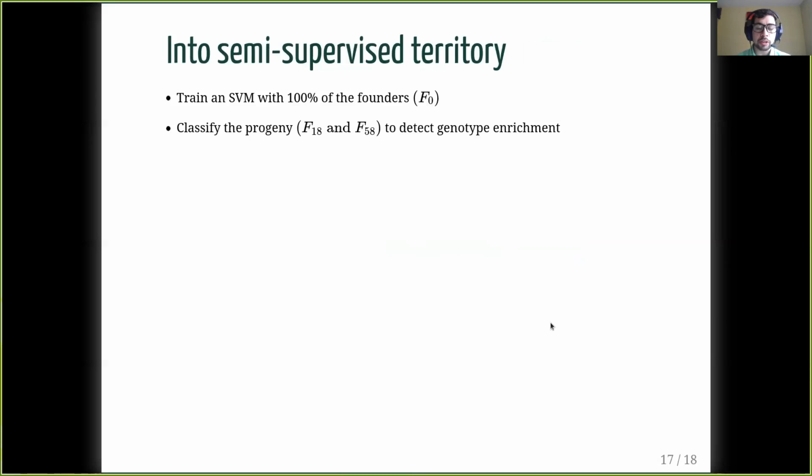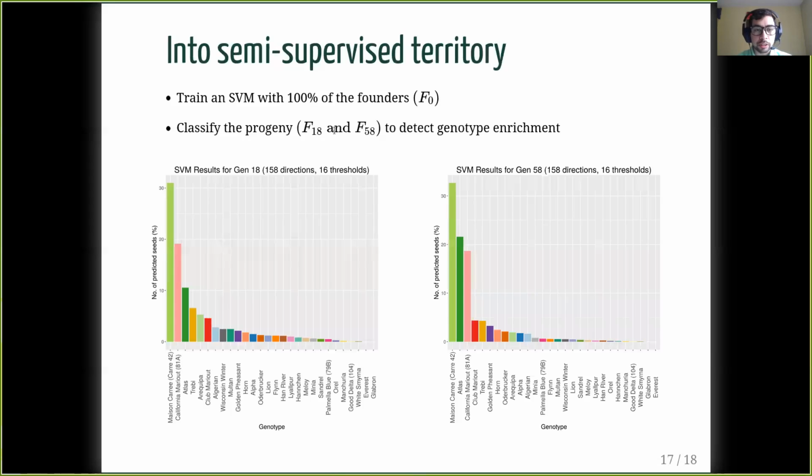So now that we are convinced that these topological descriptors help us to understand the shape of the founders, can we do the same to understand the shape of the progeny? We can measure the shape of the seeds in the F18 and the seeds in the F58, the future generations.